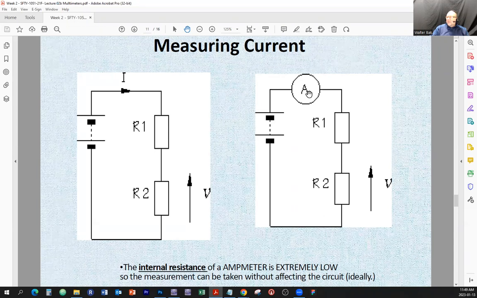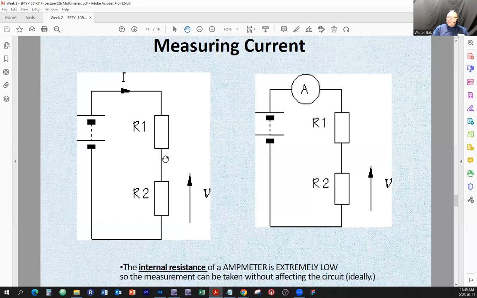Normally, what we have here is a piece of wire which has a 0 resistance, ideally. So in order to not affect the circuit, that device that is put in here after we break the wire has to have characteristics as close as possible to a dead short wire. So when we were talking about the voltmeter, we're putting it in parallel with the measured load.